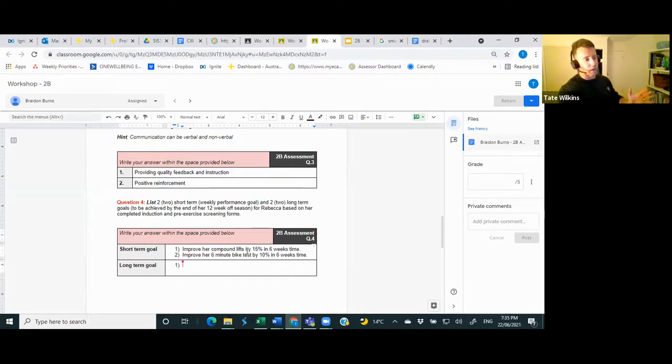You'd be writing down what she does for each session, and you'd be able to track it. Long-term goal, we're looking at by the time she gets back to her off season, so sort of 6 weeks time now. Probably not long term, it's probably more medium term, but in this relative case, it's fine.